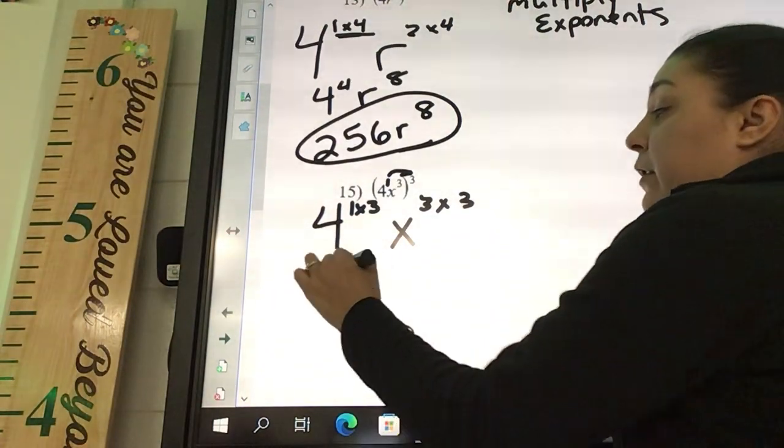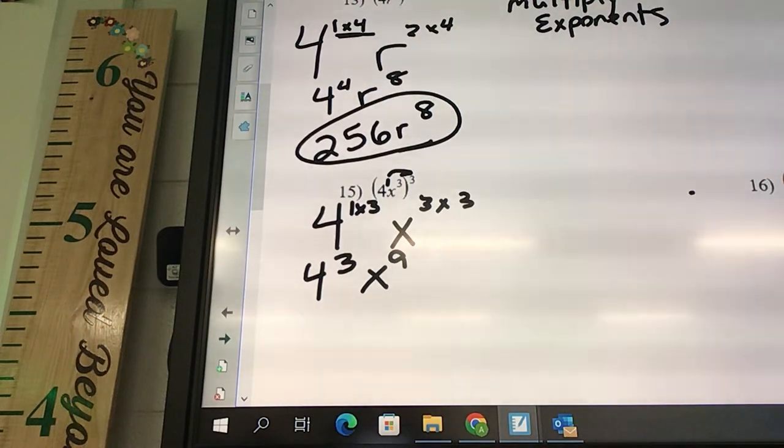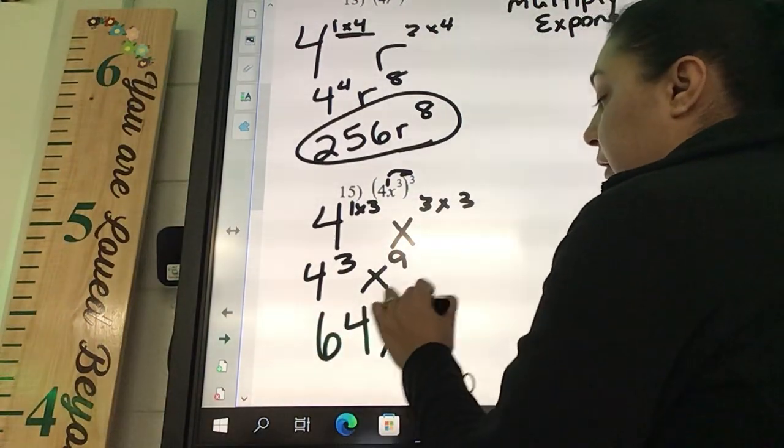So you're going to get 4 to the 3rd, x to the 9. Well, what is 4 to the 3rd power? 64. Somebody agree? So we're going to get 64 x to the 9th.